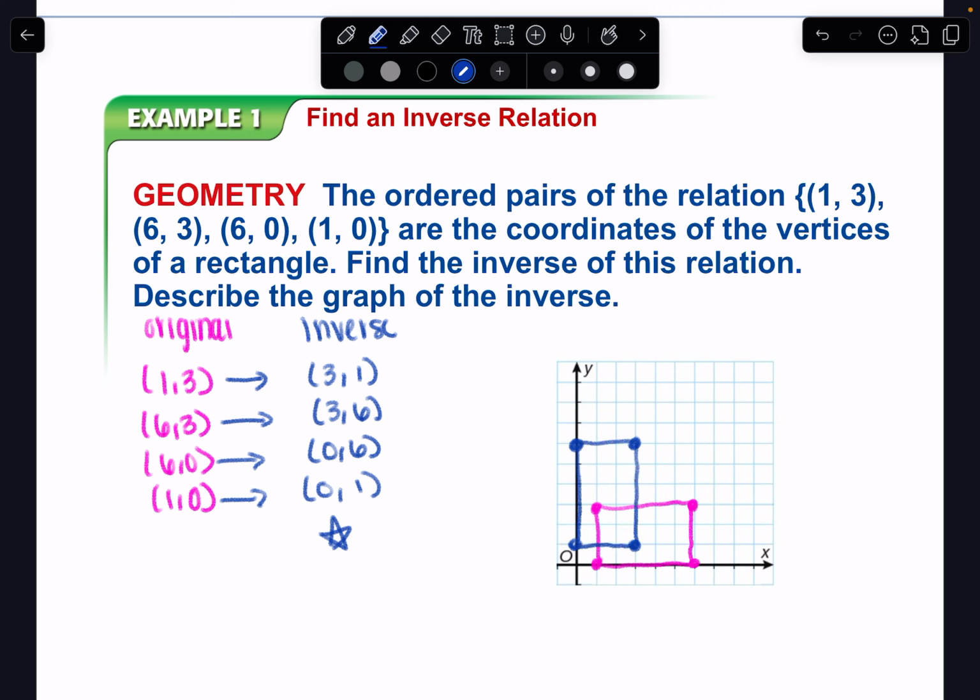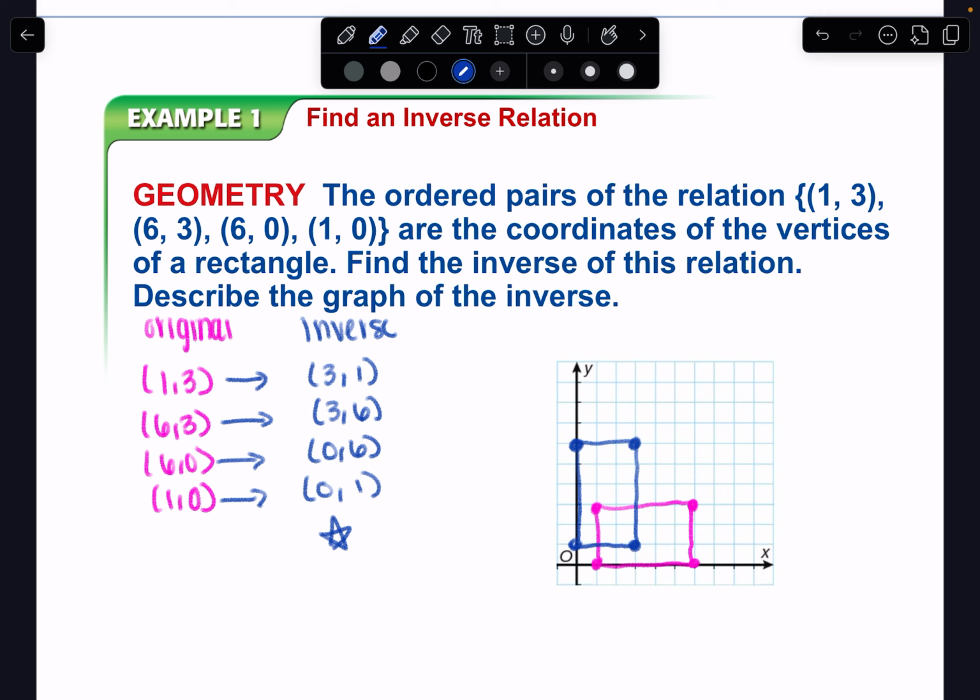So my new inverse looks like this. If it helps you to use two different colors to see the original and the new one, you're more than welcome to use that on homework, or if you need to do it on a quiz or test, totally fine as well.